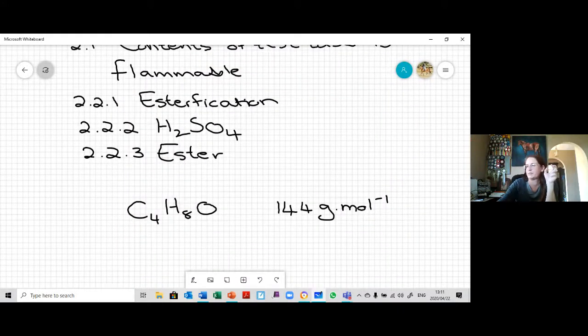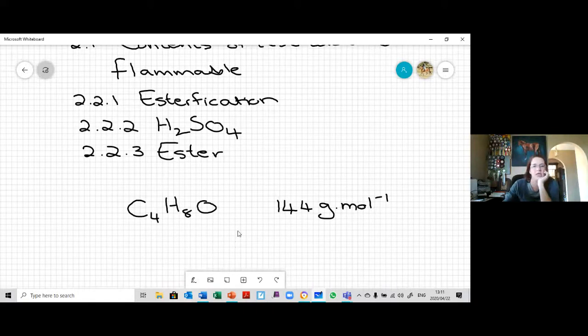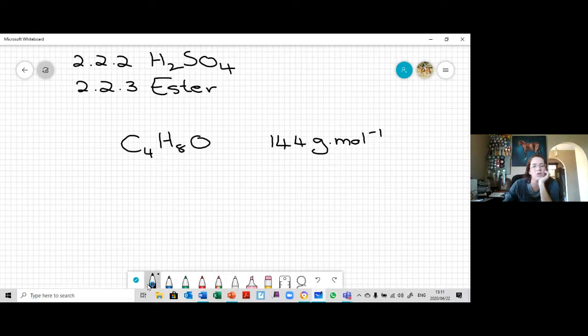Right. Cool. So what I would do in this situation is I would go and calculate the mass of this thing, okay? So how do we calculate mass? We add everything on the periodic table, okay?